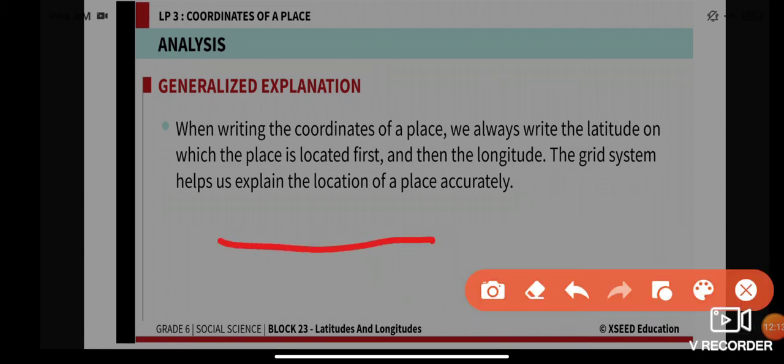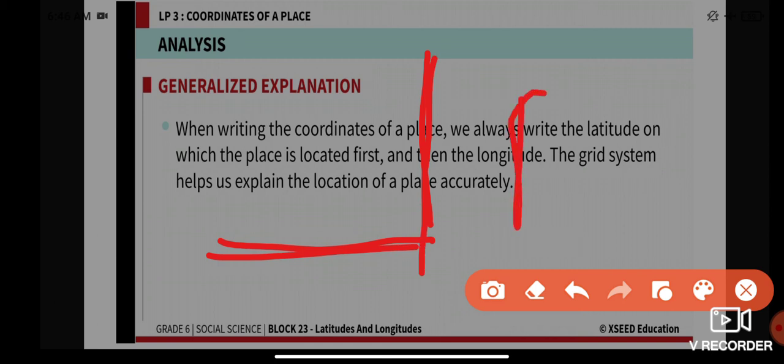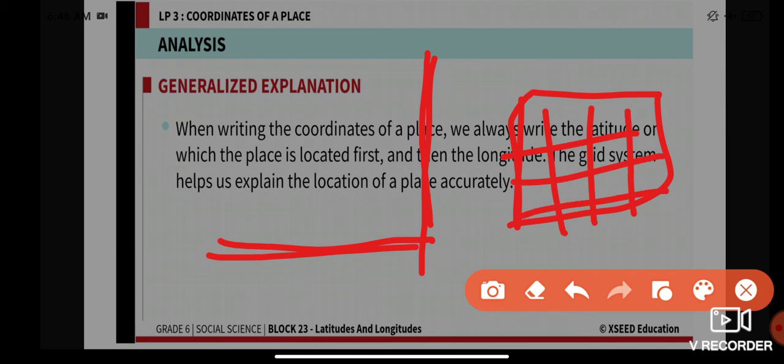First the latitude, then the longitude. The grid system helps us explain the location of a place accurately, meaning where it is located exactly, at how many degrees of latitude and longitude.